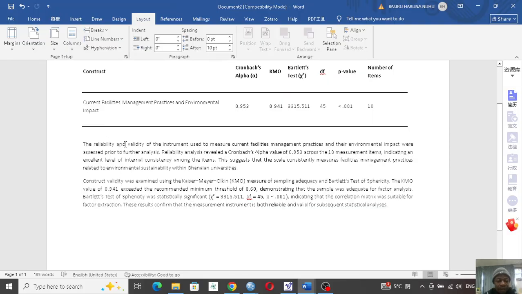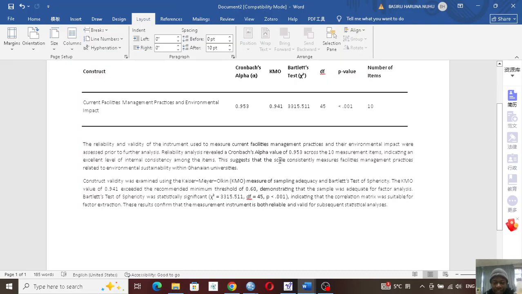The reliability and validity of the instrument used to measure the current facility management practices and their environmental impact were assessed prior to further analysis. Reliability analysis revealed a Cronbach's alpha of 0.953 across the 10 measurement items, indicating an excellent level of internal consistency among the items.